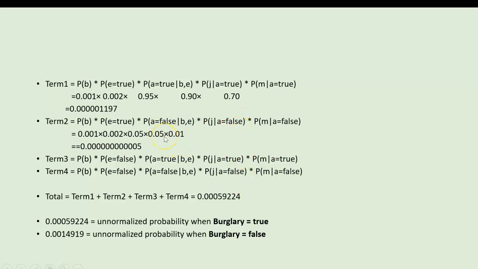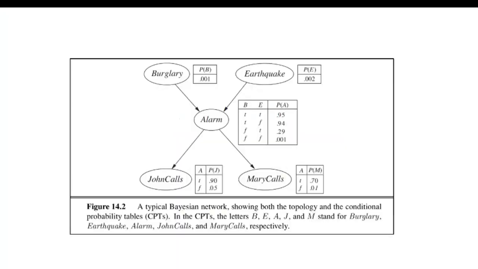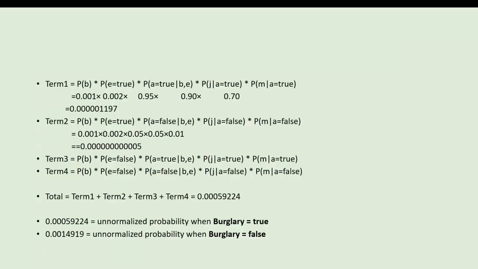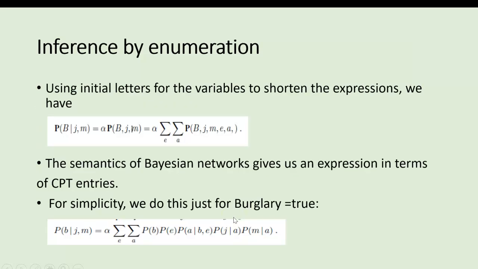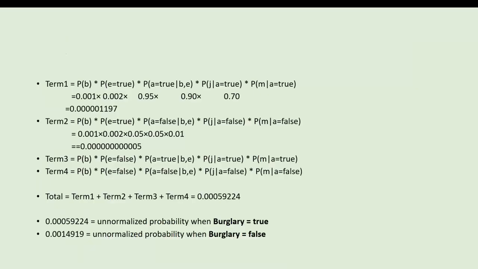So use the previous probability diagram over here, and use the values so that you will get all these four terms. Then we sum all the terms, because in the general formula it is given as summation. So I add up all the four values, and this is the value that we got for burglary equal to true.